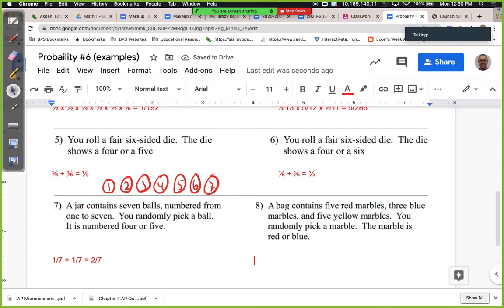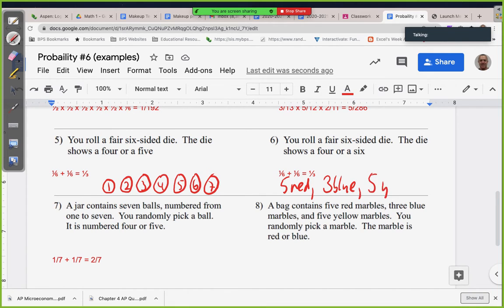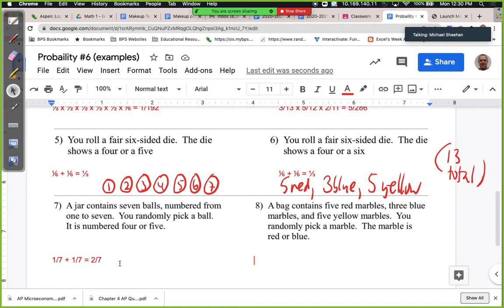All right, last example, and I want you guys to try some of these. I've got 5 red marbles, 3 blue marbles, and 5 yellow, and that's 13 total marbles. I want to know if I just pick one marble, what's the probability I get red or blue?